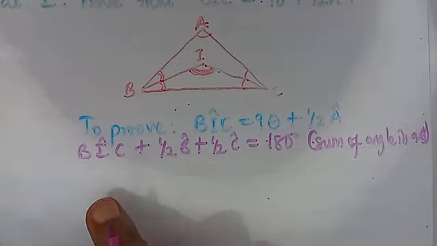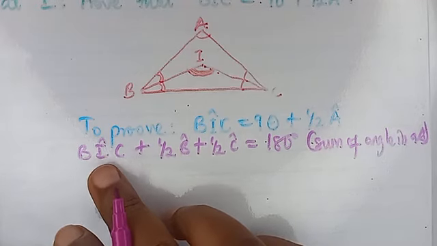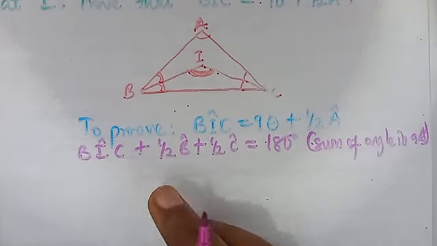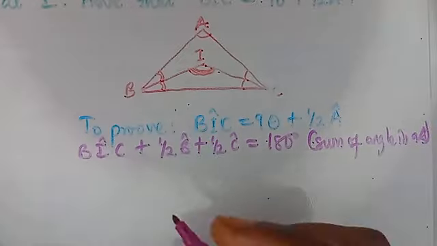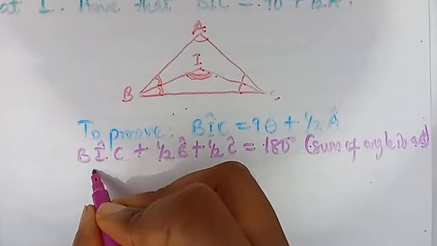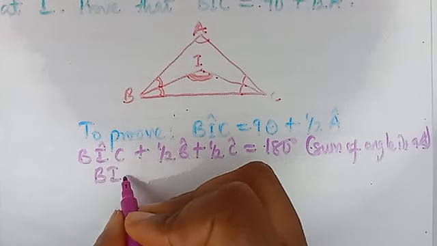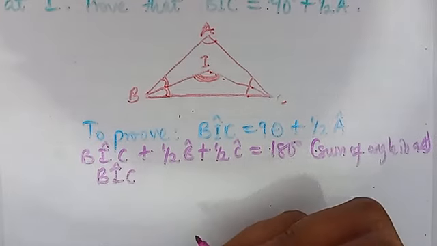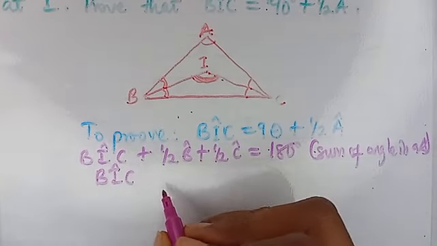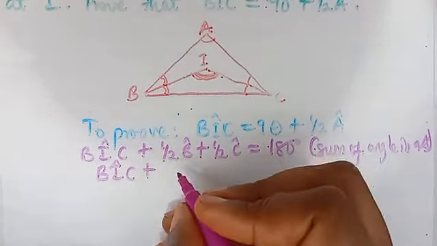One thing I would like to do is to make angle BIC the subject of the formula. So I'm going to have angle BIC here. Let's just solve in steps.